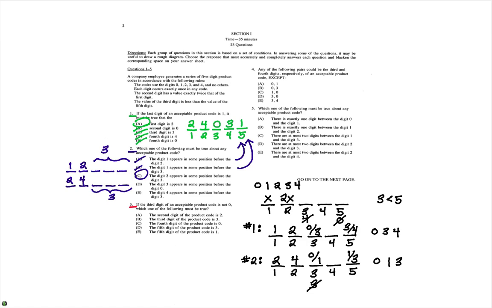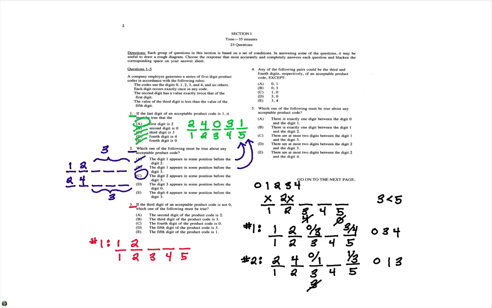Question 3. If the third digit of an acceptable product code is not 0, which of the following must be true? Alright, so again, we only have 2 possible scenarios here. Scenario 1, again, we know that 1 is going to come first, exactly twice that being 2 coming second.